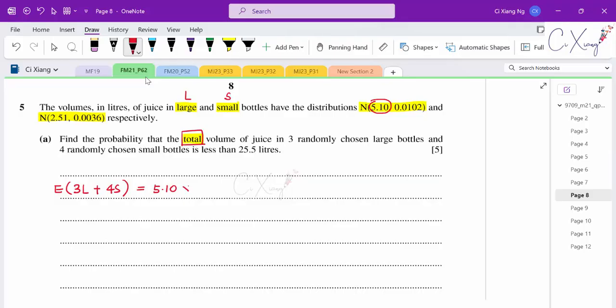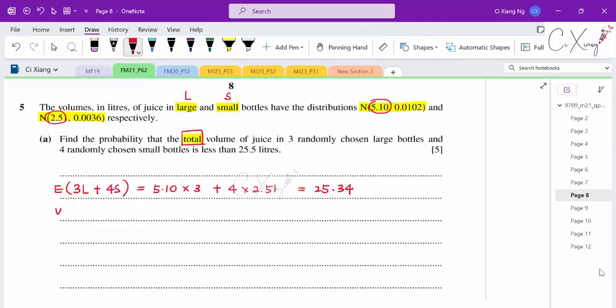So basically I write it as times 3. Then plus 4S. What's the mean for 1S? The mean for 1S is 2.51. So I have to take 4 times 2.51, but the original meaning is you have to take 2.51 plus 2.51 plus 2.51 plus 2.51. Okay? Then when you simplify the answer, you will get 25.34 here.